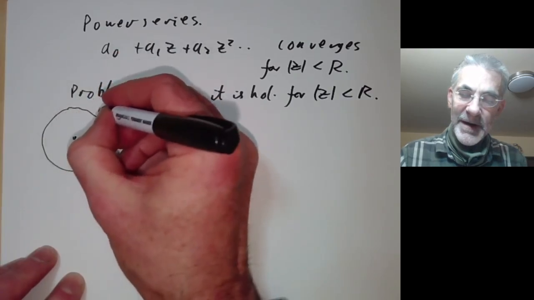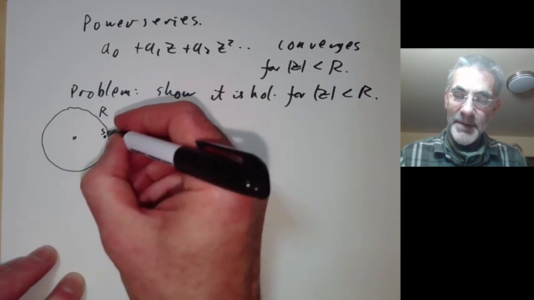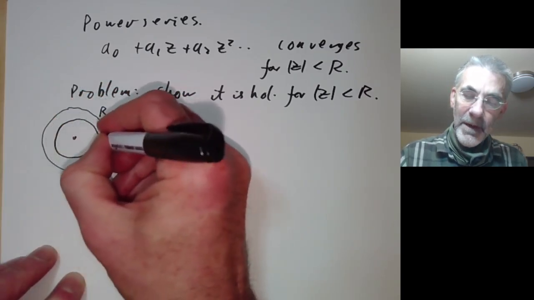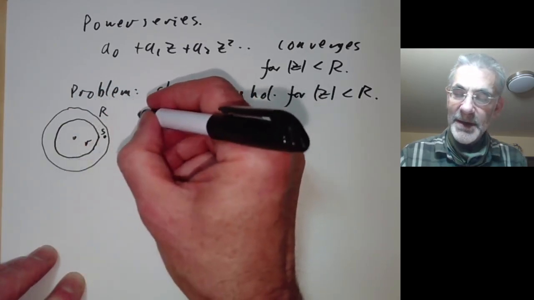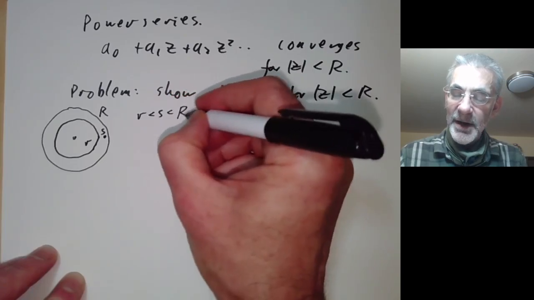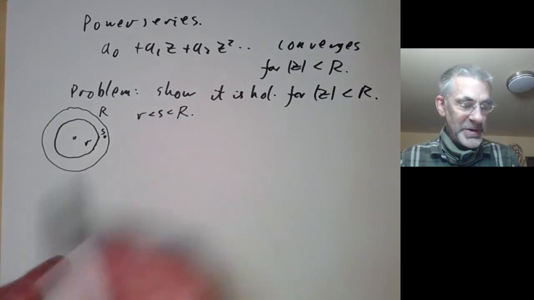So here we've got a circle of radius big R, and I'm going to take a point s here and another circle of radius little r, so little r is less than s is less than R. It's a little bit confusing because we need to introduce two extra numbers.